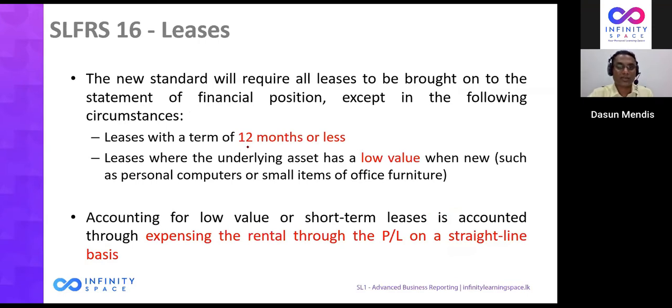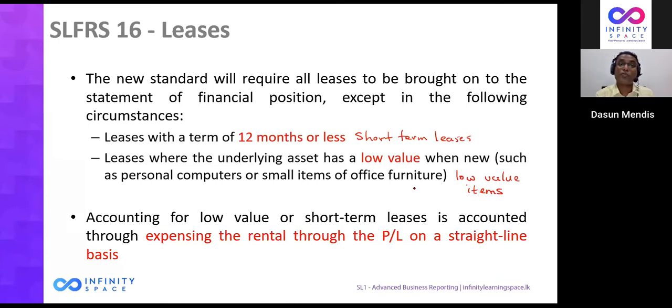The second is low value items, where the underlying asset, when it is new, has a very low value. Other than these two, all other leases are recognized by the lessee on the balance sheet.